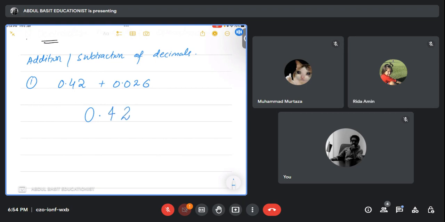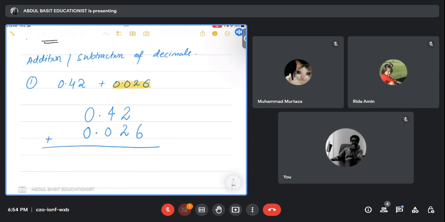While writing the second decimal, I'll write the decimal first. After decimal I have 0, 2, 6, and before decimal I have 0 as well. Now I'll drag a line. I'll write a plus sign here, because you have to add these two decimals.